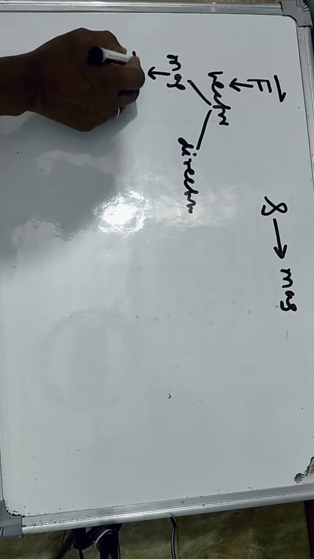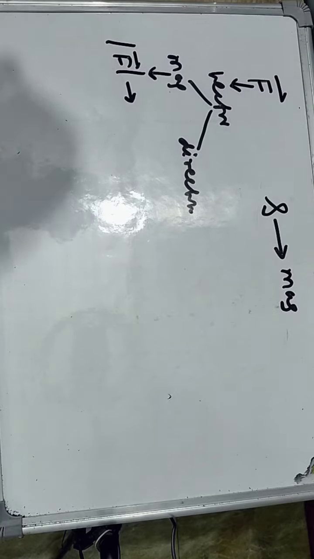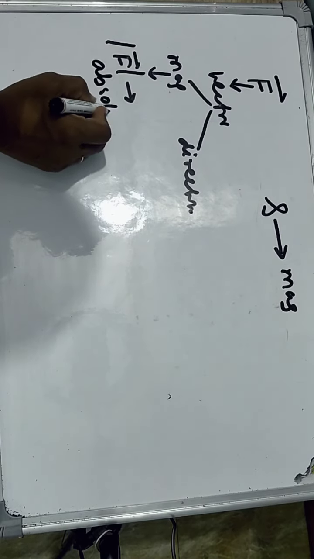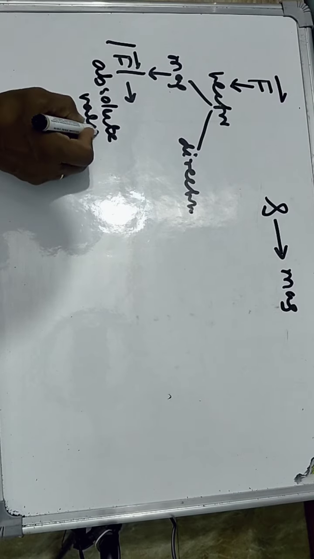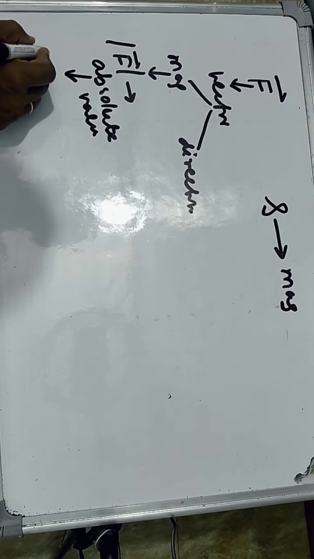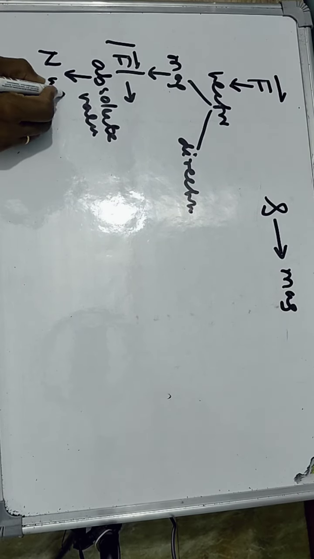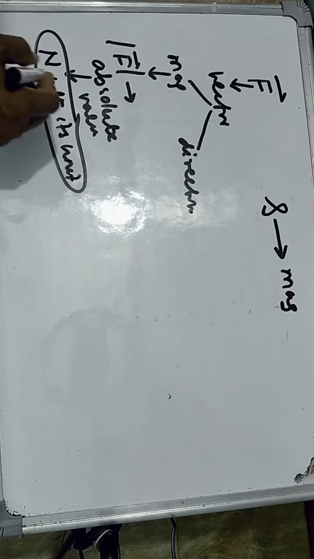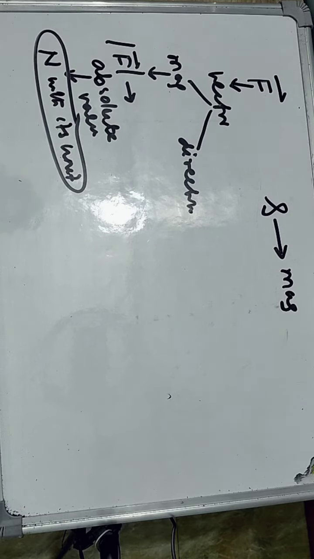Magnitude is the modulus of that quantity, or its absolute value. Absolute value is some numeric number with its unit. Magnitude gives the absolute value or amount of the quantity.